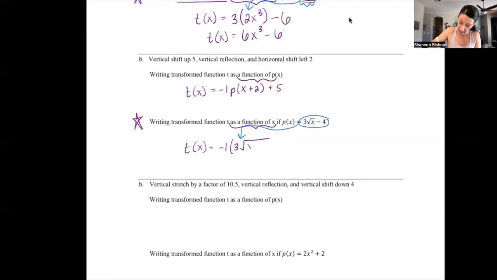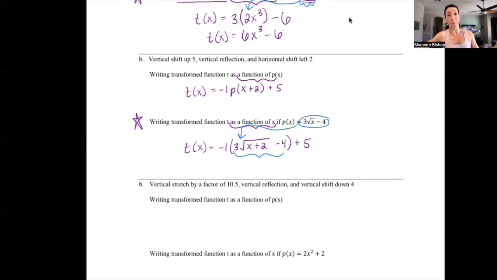And I'm going to say X plus 2. And then, of course, -4 is still there. So that's the whole P function with, of course, my sneaky substitution snuck in there. And then don't forget, we also had the vertical shift up 5. So there's also a plus 5 chilling on the outside.